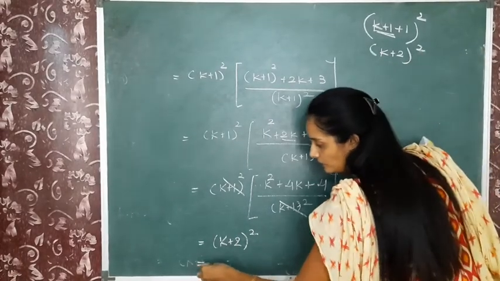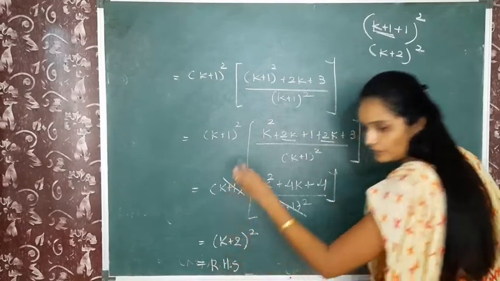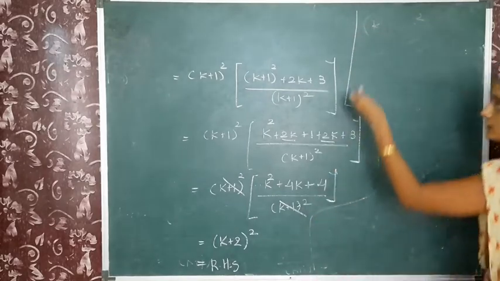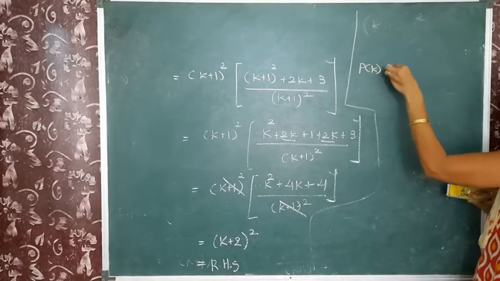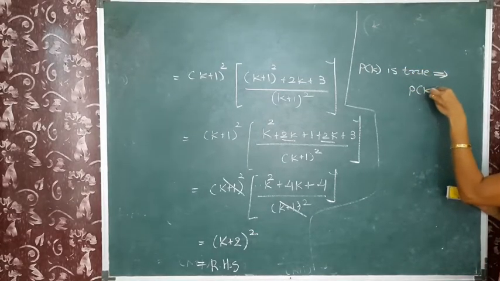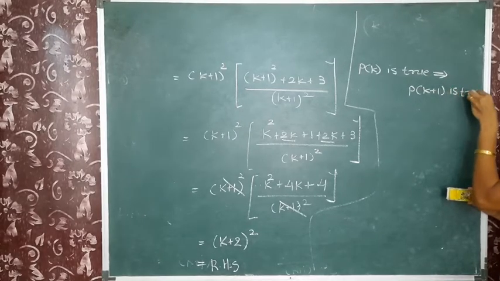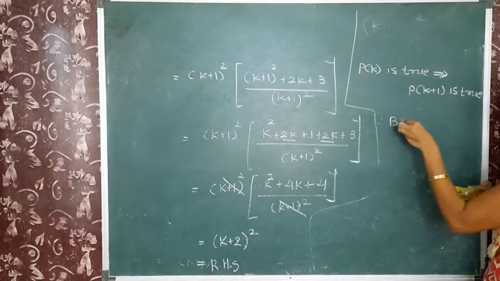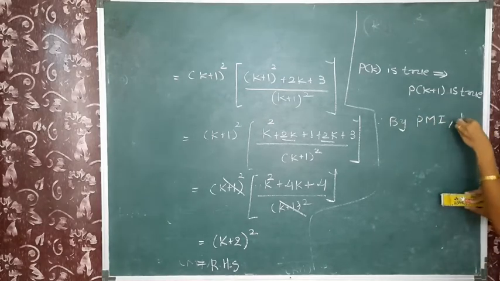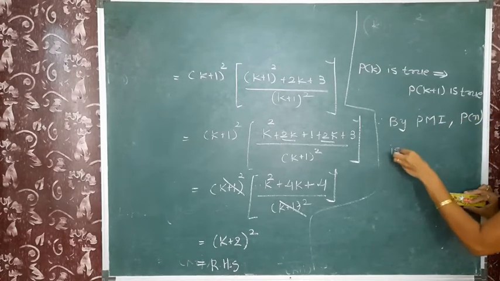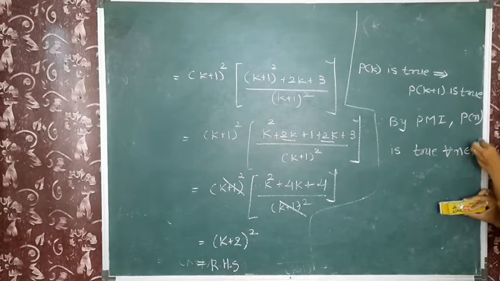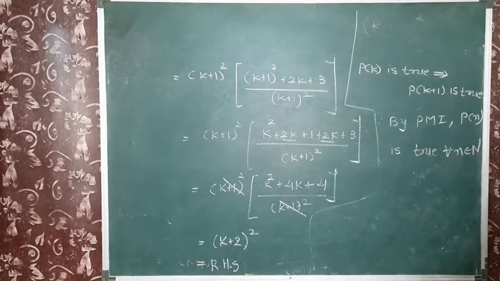So we can write LHS is equals to RHS, and therefore the last two statements are written as P of k is true implies P of k plus 1 is true, and therefore by PMI, that means principle of mathematical induction, the given statement Pn is true for all natural numbers. Okay.